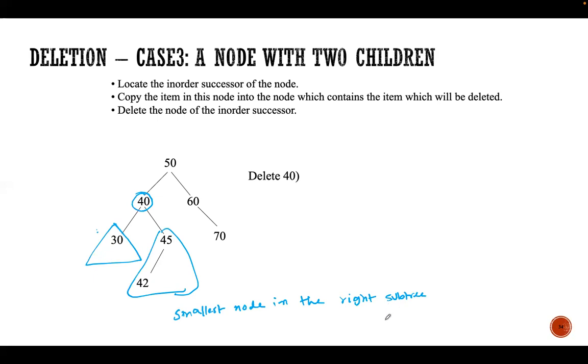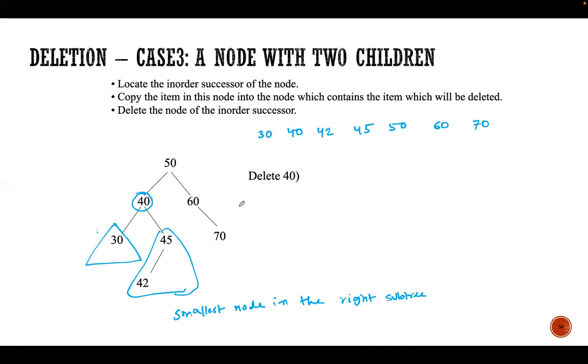Why is that? Because if we do an in order traversal of this tree, you will find that we need the successor value of this node. For example, let's write the in order traversal of this tree. That is going to look like 30, 40, then 42, 44, 45, 50, 60, and 70.